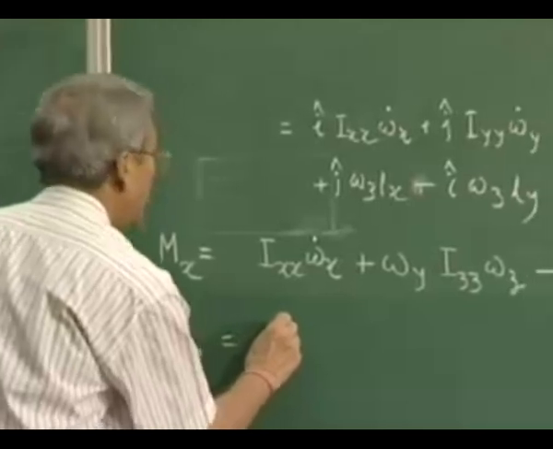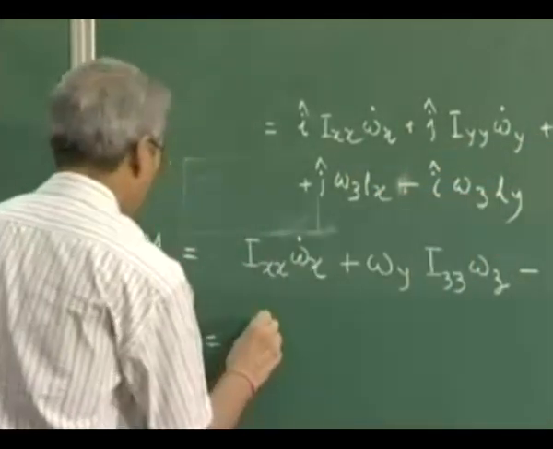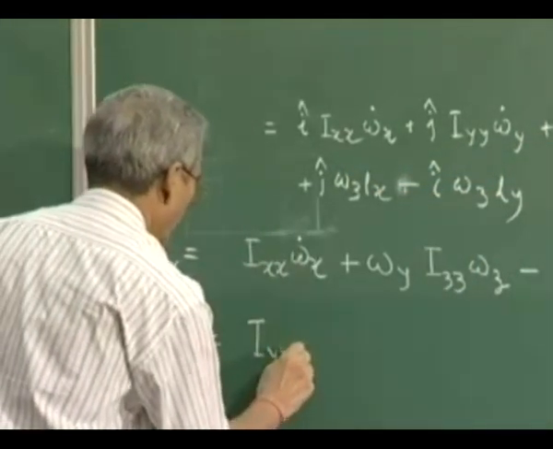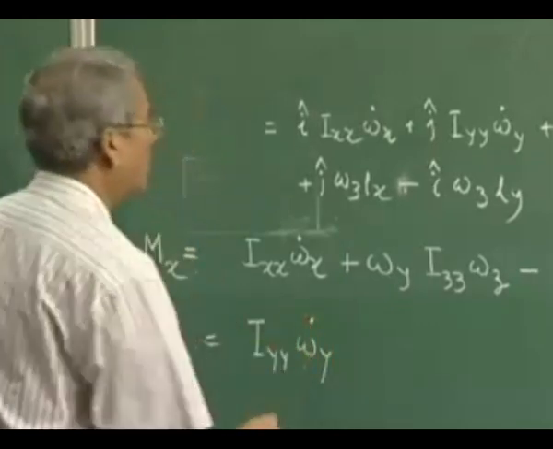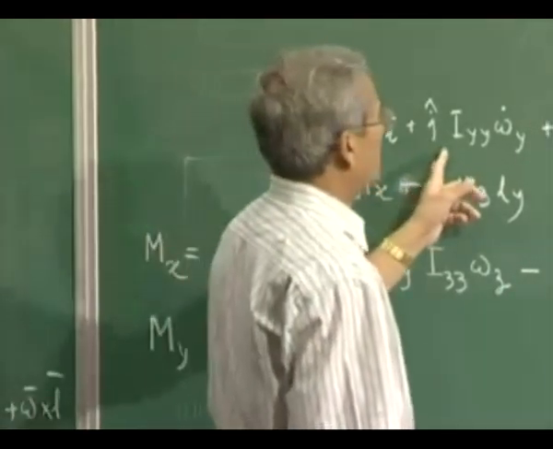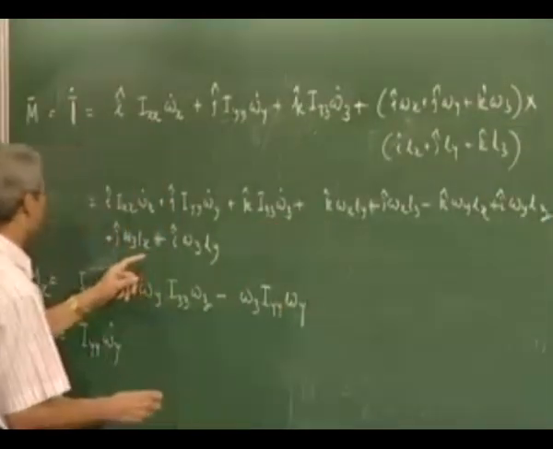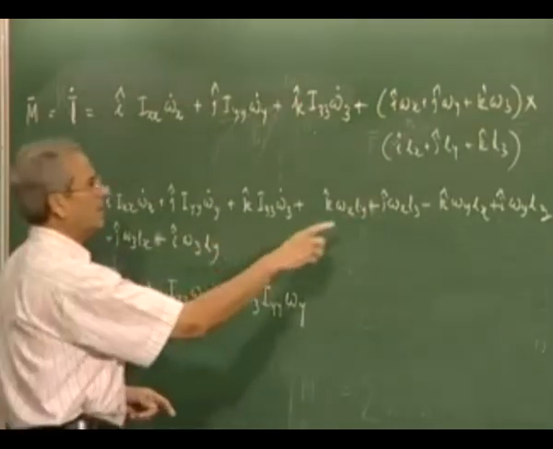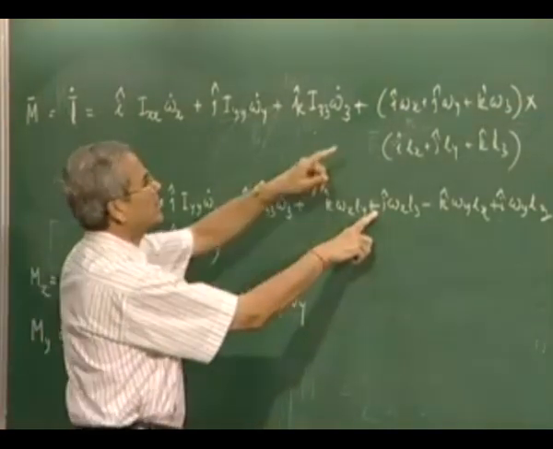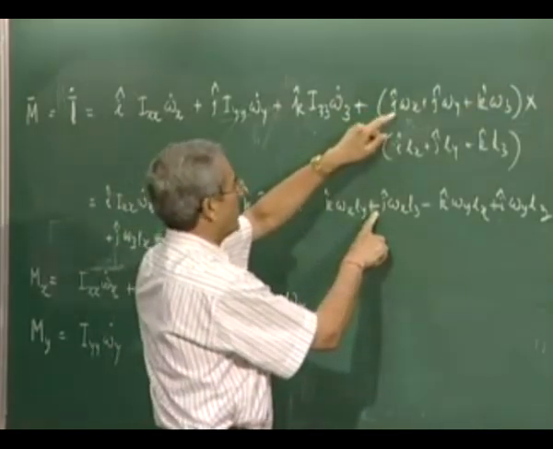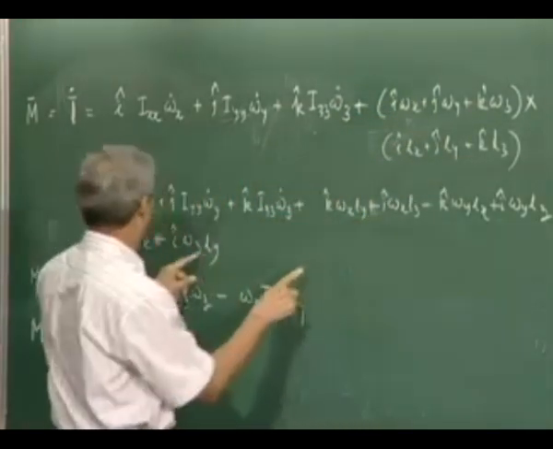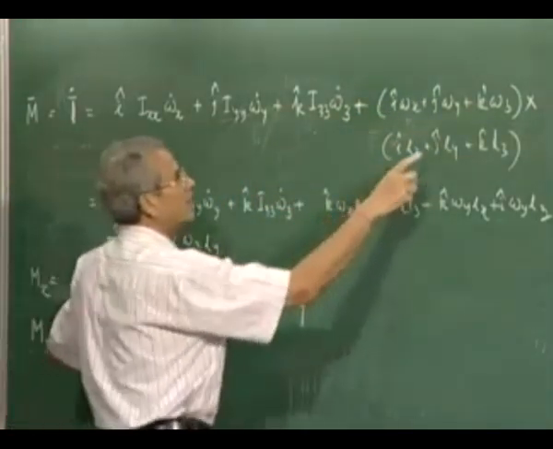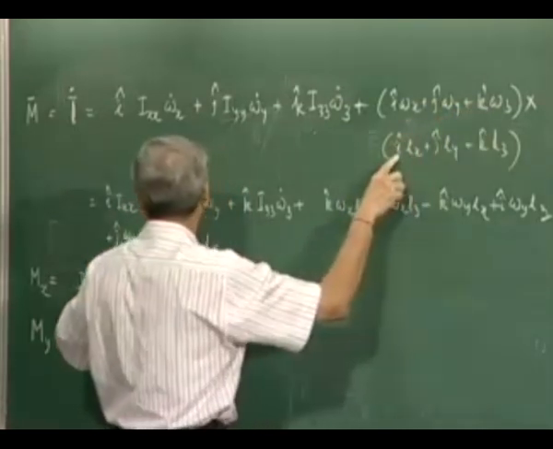Similarly, My will be the j part, that is Iy omega y dot, then this term was i cross k is minus j, k cross i is j.